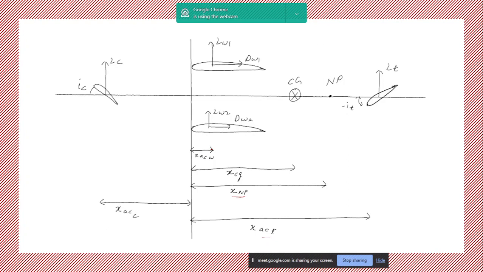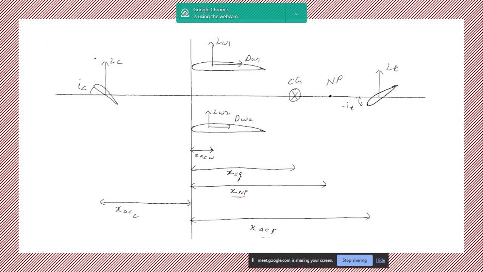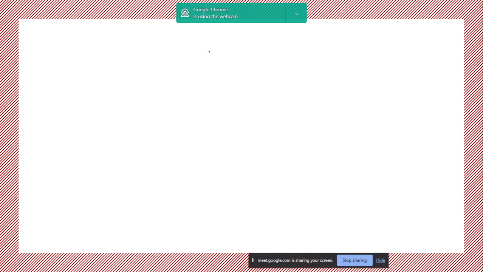How do we begin? We begin by taking the moments about the CG. Your canard and tail both have no CM, only your wing has CM. So let's start with the canard.